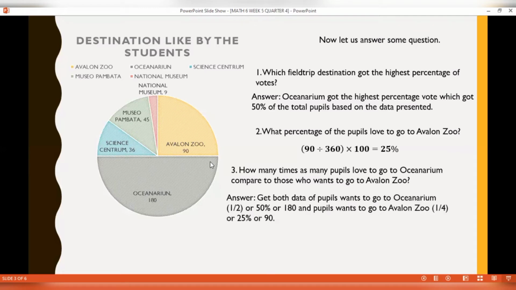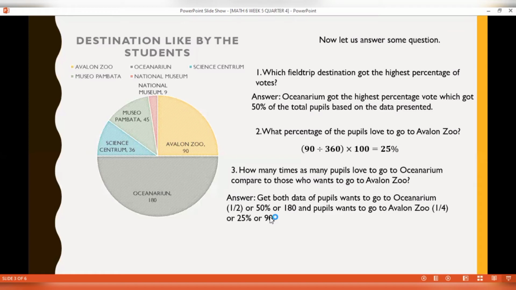So get both data. Yung Oceanarium ay 1/2 ng bilang ng mga bata or 50% or 180. And the pupils who want to go to Avalon Zoo is 1/4 or 25% or 90.